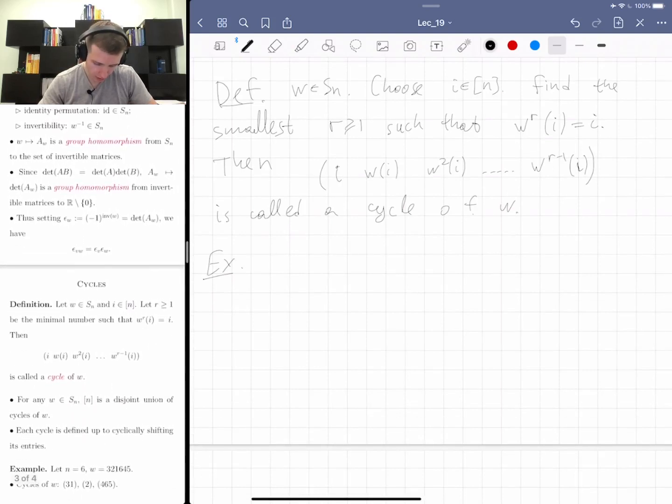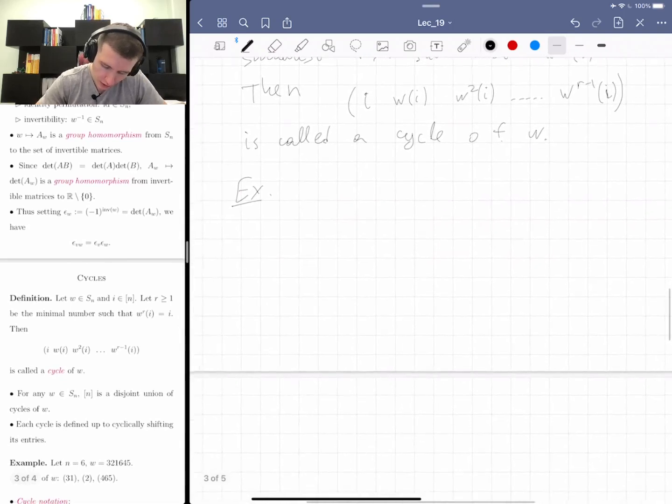So here's an example. N is equal to 6, and W is equal to 3, 2, 1, 6, 4, 5.